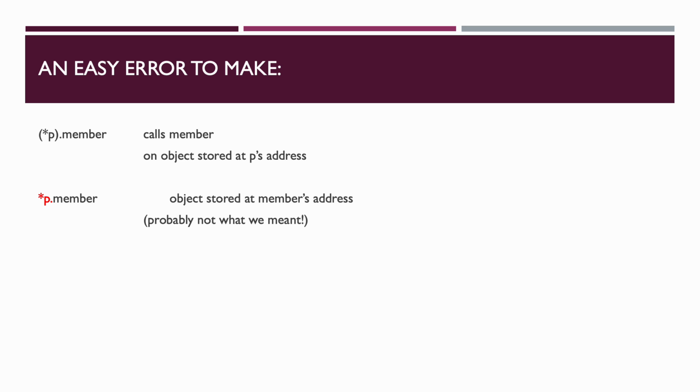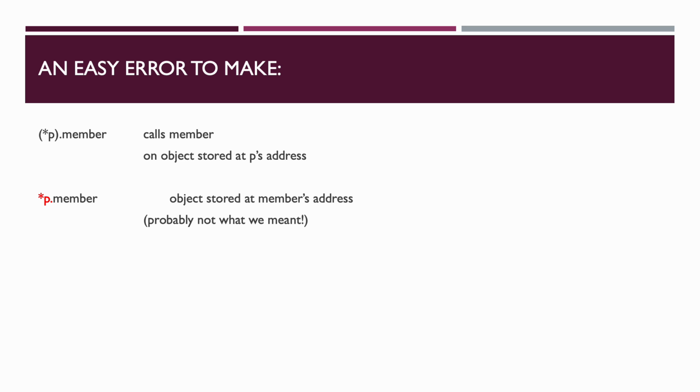Now, *p.member. What does that mean? Here the error lies in the order of operations. So what this expression does is first access the member of the pointer p itself, which doesn't make any sense unless p is an object with a member, and then it dereferences whatever is stored at that memory location.